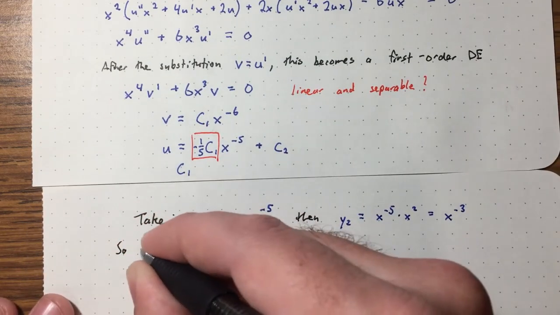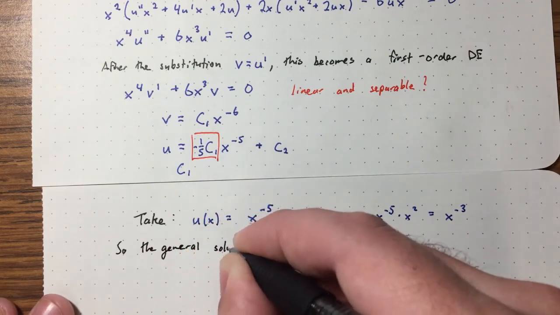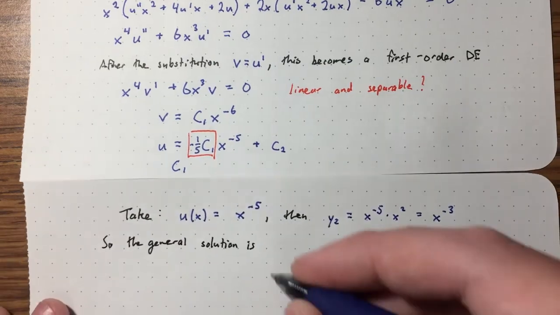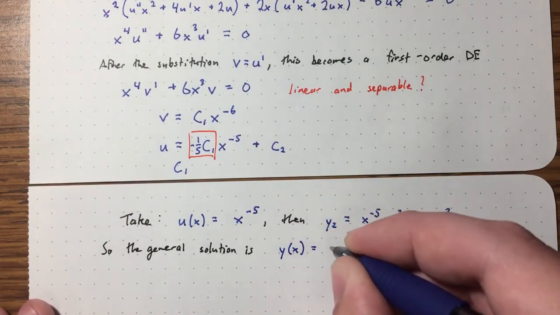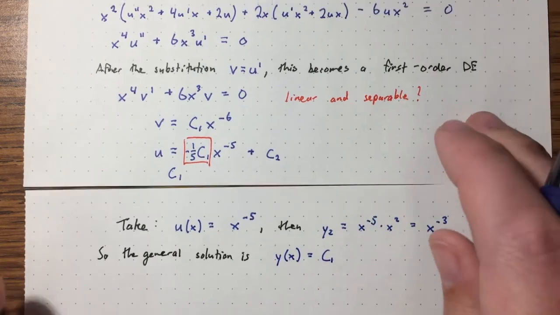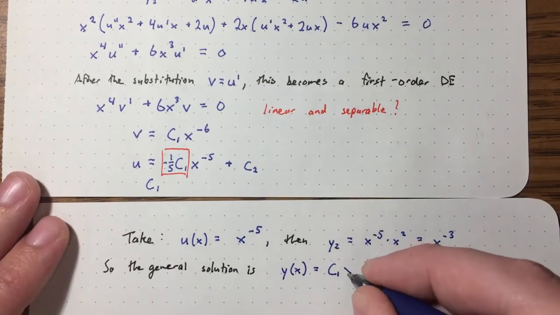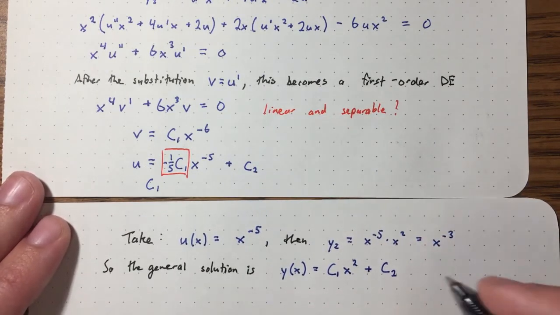So the general solution is something I can just write down now. y of x is c1 times our first solution that we were given, x squared, plus c2 times this new one that we found.